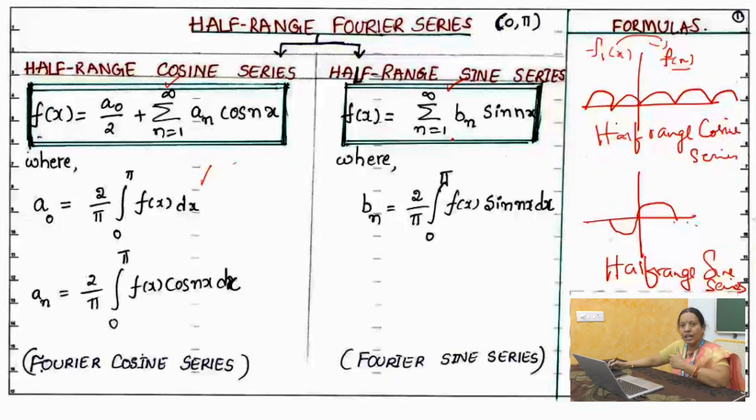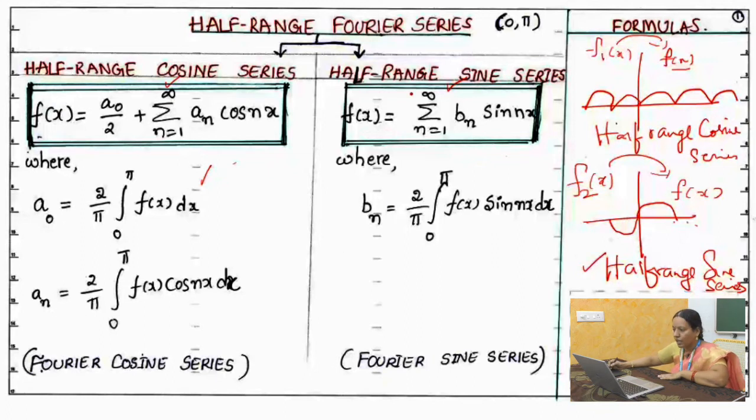If you take an odd function in the limit minus pi to plus pi, that is, a function f2 of x which is identical to your function f of x, and it is an odd function, then we can write a half-range sine series.